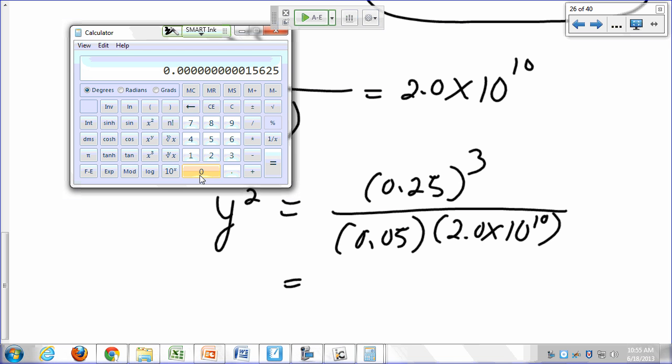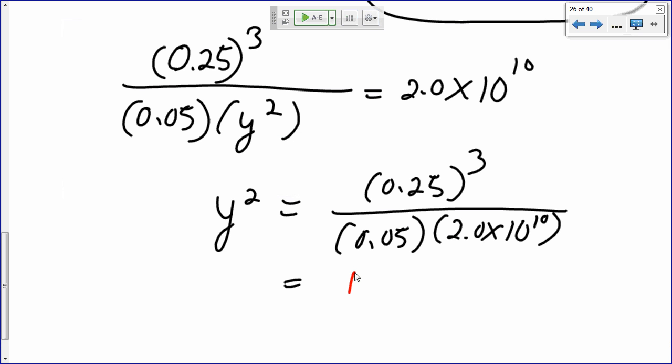That gives me, how many digits do I have there? 1, 2, 3, 4, 5, 6, 7, 8, 9, 10, 11. Is that 11? Okay, so 1.5.